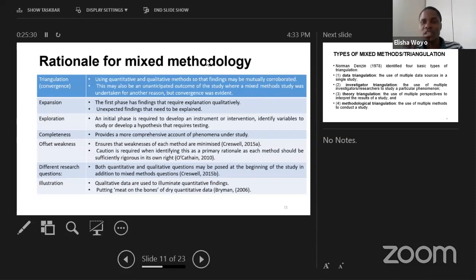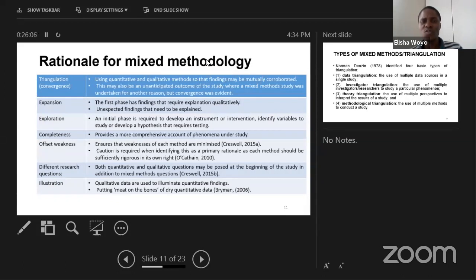So I needed to interview some people. You can do a mixed methodology because you want to expand the research you are working on. Your first phase requires you to have findings qualitatively. Then after that, you expand it to a quantitative phase. Perhaps you would have found unexpected findings, like what Dr. Mary was saying, and then you would need to explain those findings.